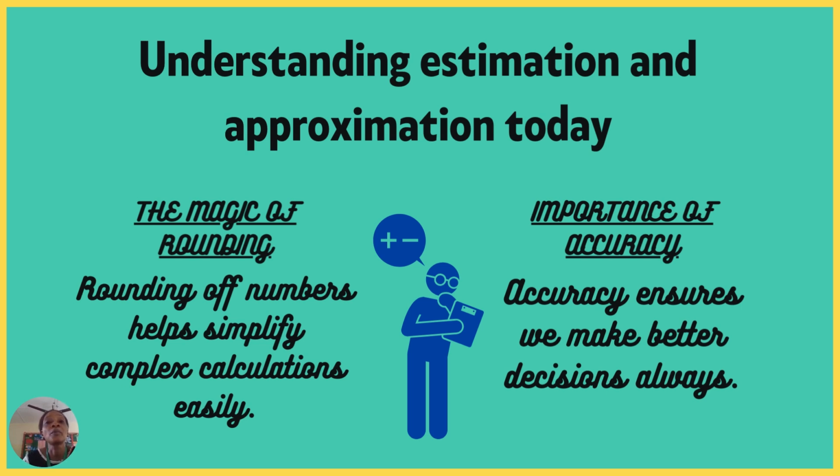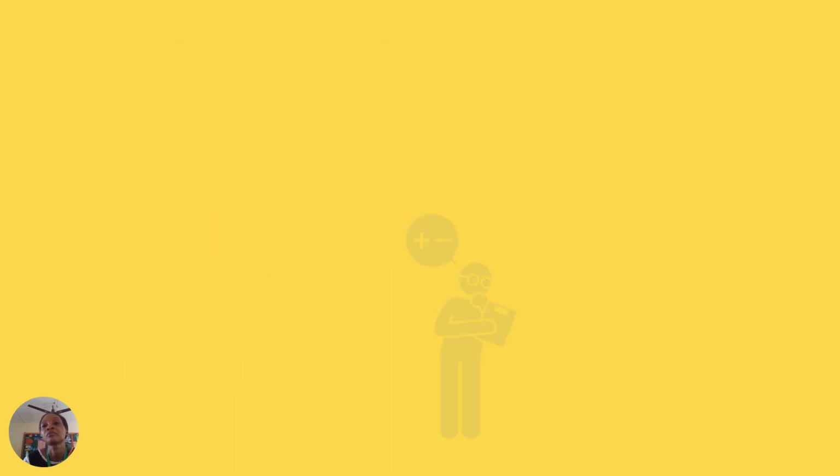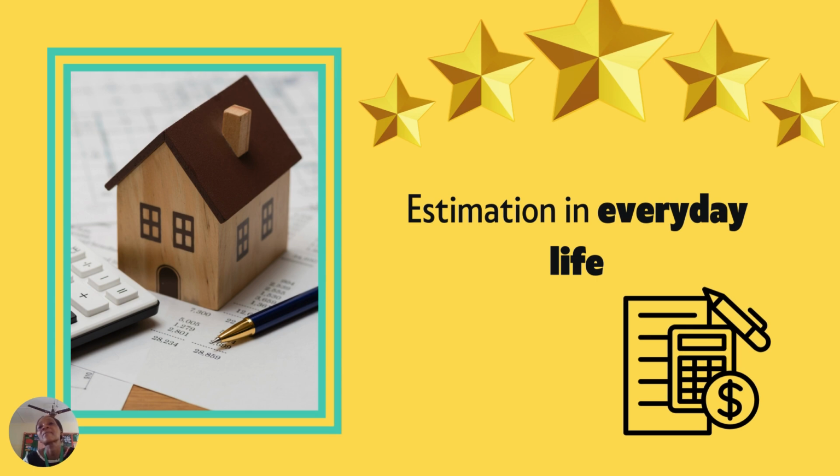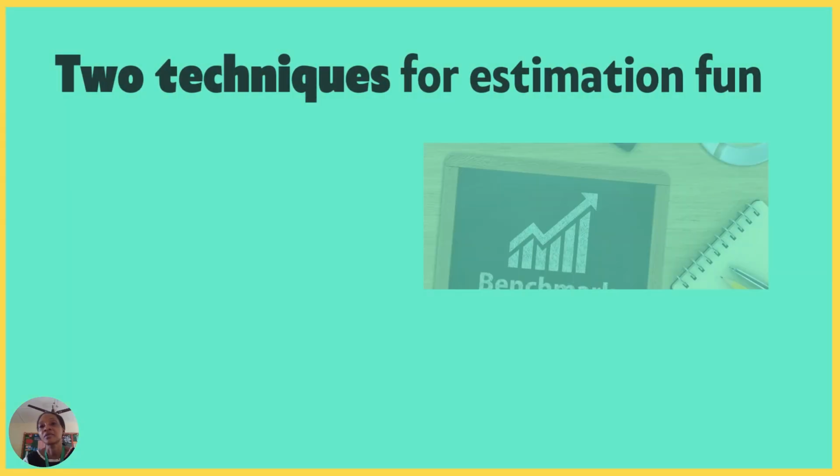Sometimes we round off numbers to make our work much more accurate, because accuracy ensures we make a better decision all the time. Estimation is something we come across in our everyday life, dealing with numbers, cash, money or any other thing.